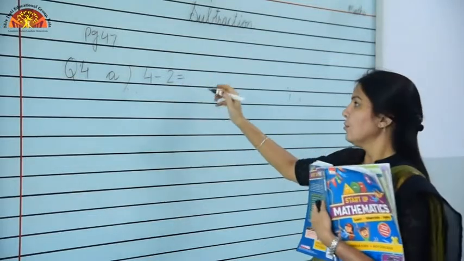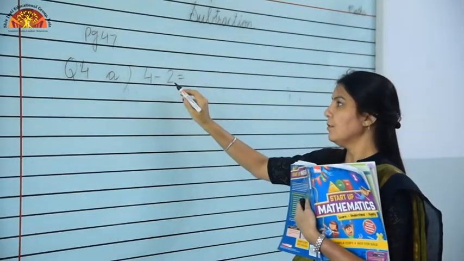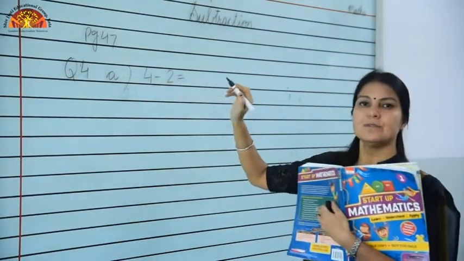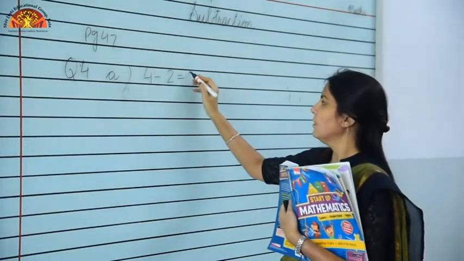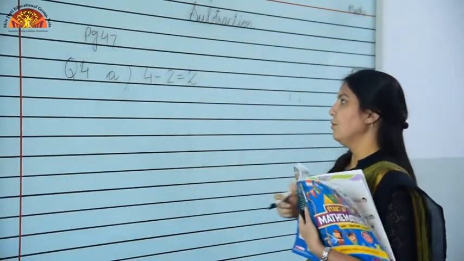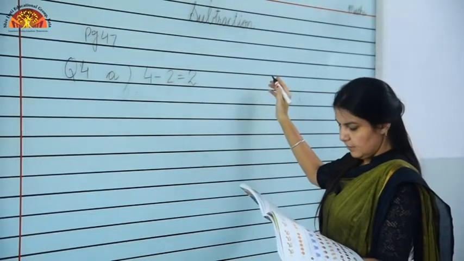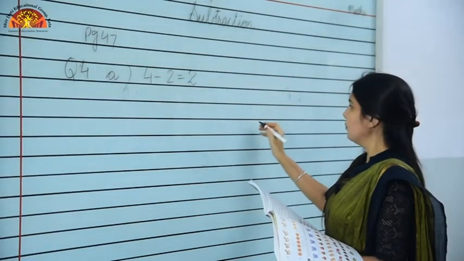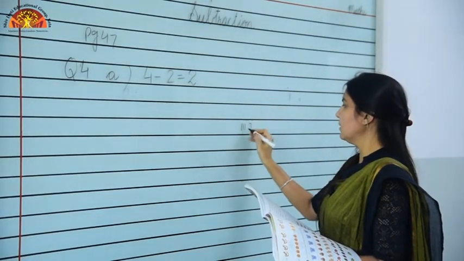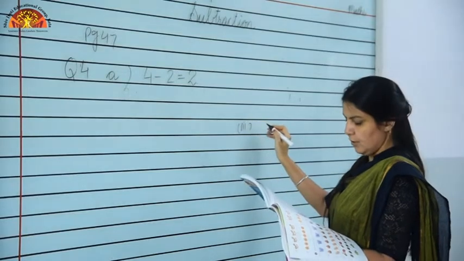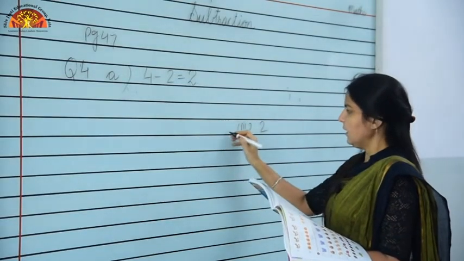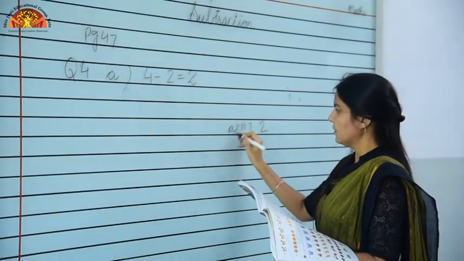This is 2. So after subtracting 2 from 4, the result is 2. So children, we have to find out where 2 is written. 2 is written at the third position. So we will write A in front of this.